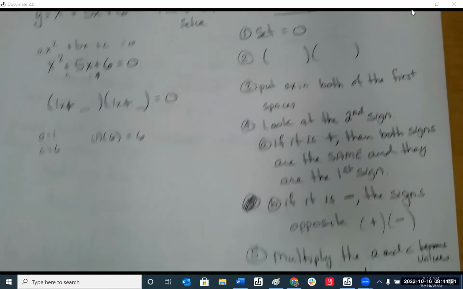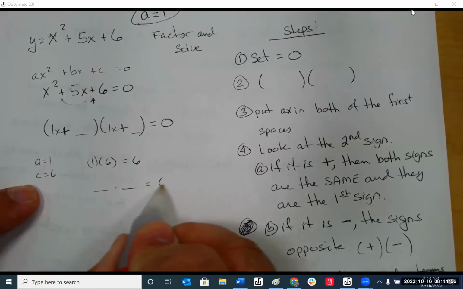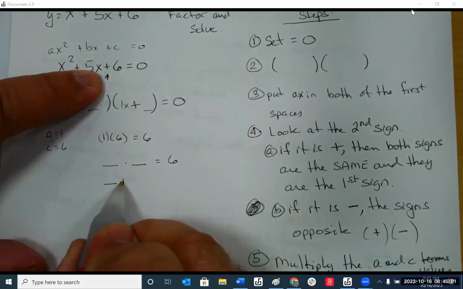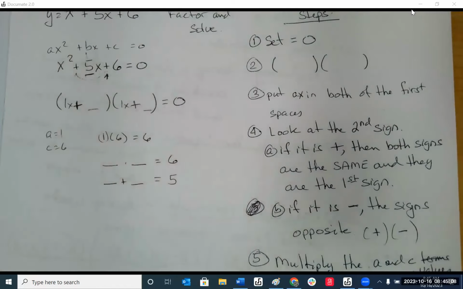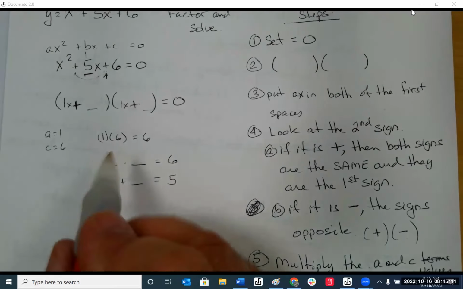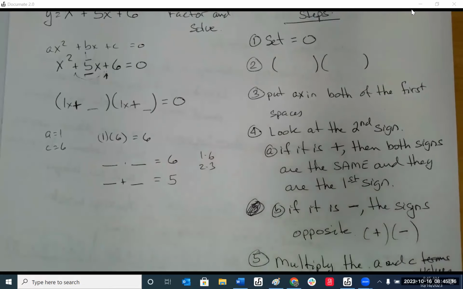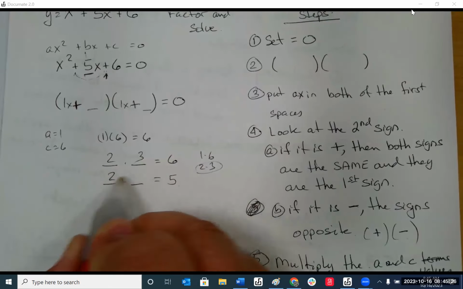So we have to find two numbers that multiply to equal 6. In this case, since the second sign is a plus, when we add them, they equal 5. That's the B term. So you look at what makes 6? 1 times 6, 2 times 3, and that's it. So which two added together give us 5? So our answers are 2 and 3.